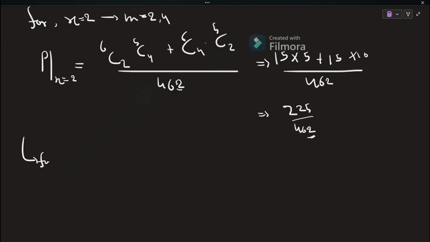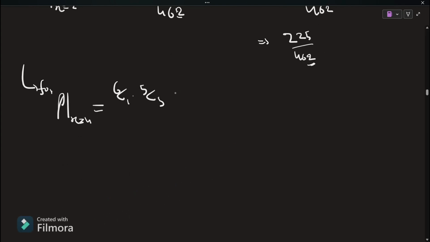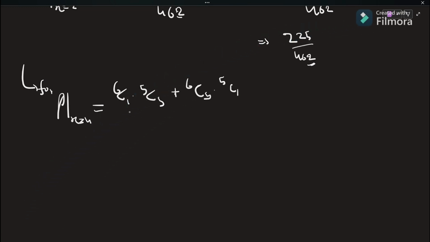Now find the probability at X equals 4, when m was 1 and 5. Then we get 6 choose 5, and 5 choose 5 can also be chosen, then 6 choose 5 and then one was left, so we chose one.